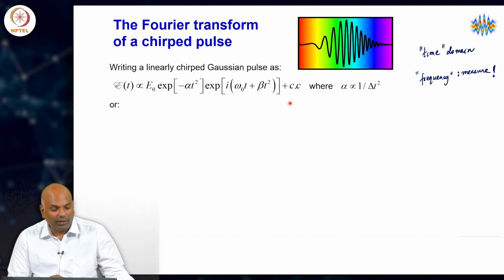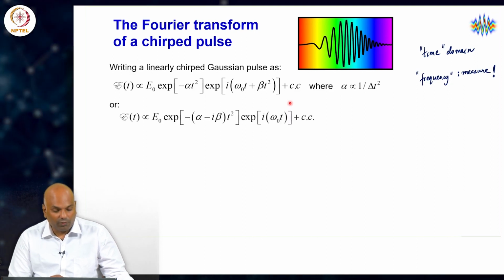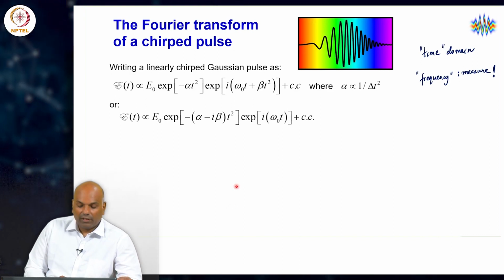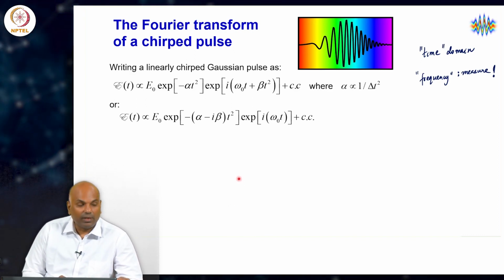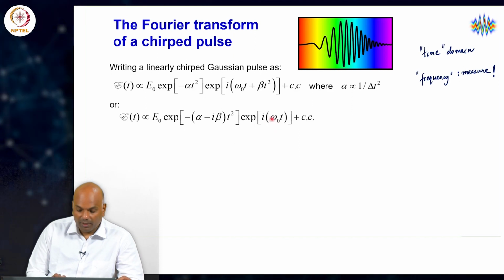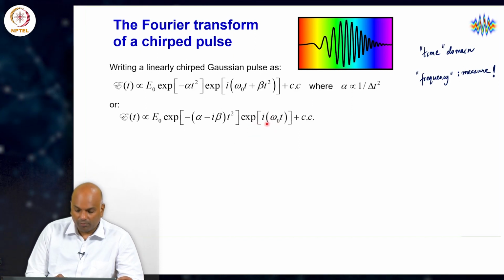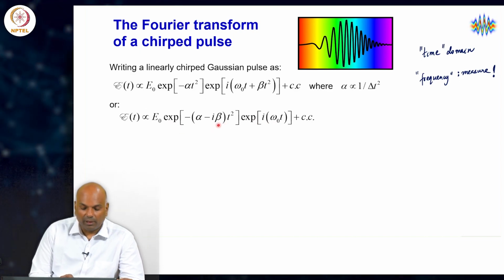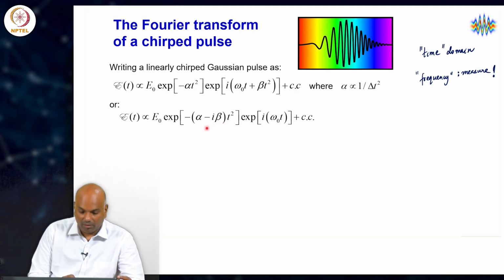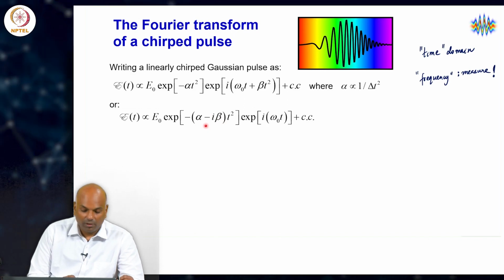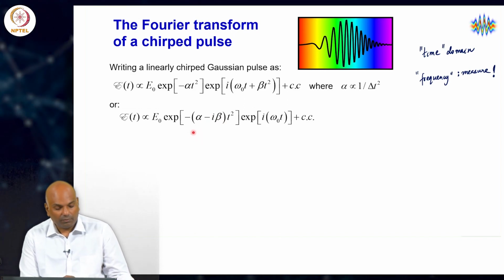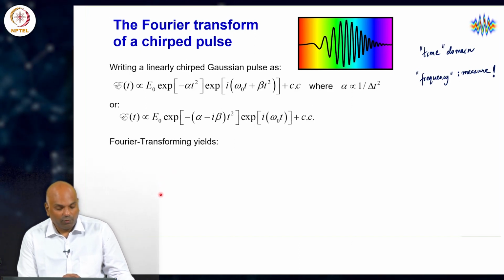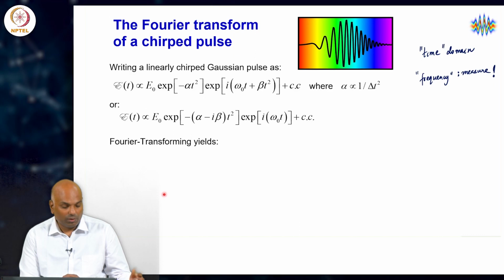We take this and we now attempt to Fourier transform this. So, how do we Fourier transform this? We essentially club terms with the same powers of t. Here we have exponent of I omega t, but in the preceding term we have alpha minus I beta. So, this is like a standard, if you wish, complex number, exponent of minus alpha minus I beta, and the Fourier transform of this, you know how this is going to work out.